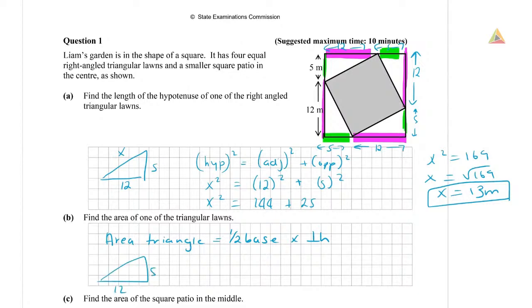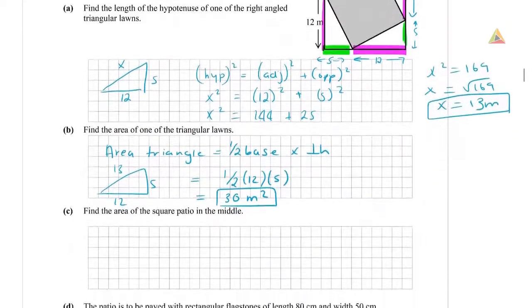So this is 12, this is 5, and we've now figured out that the hypotenuse is 13. So the area of this triangle is half the base, that's going to be half of 12, by the perpendicular height, which is 5. You can literally put that straight into the calculator, and you'll get half of 60, which is 30. So it's 30 meters squared is the answer to that one.